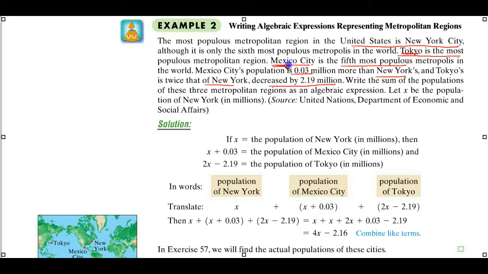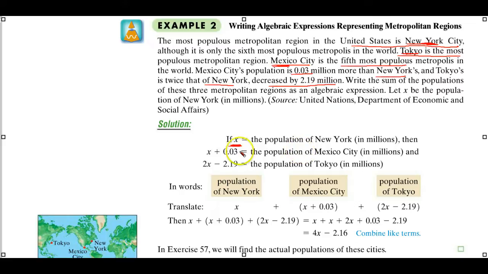Mexico City is the 5th most populous, and New York is slightly less than Mexico City. And these are all in millions. So what we don't know after reading this is, what is the population of New York? Well, we're going to say New York is x. And that's how they set it up.